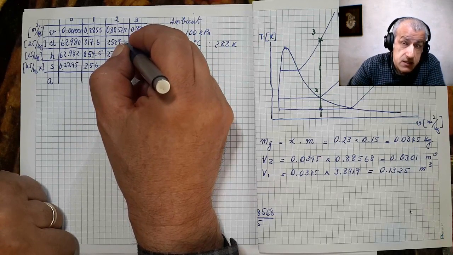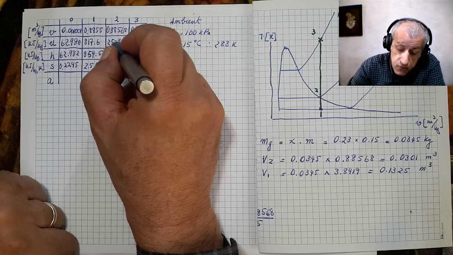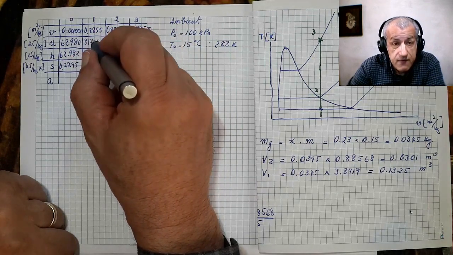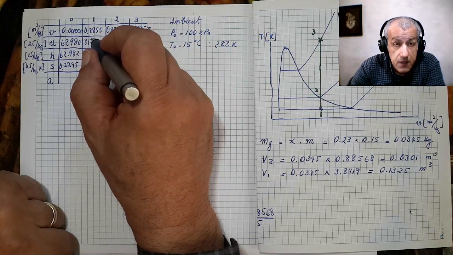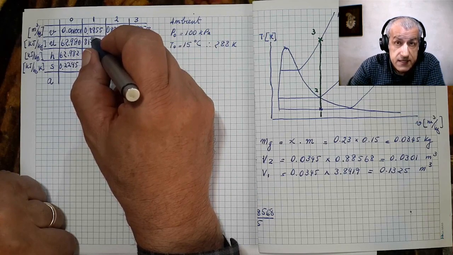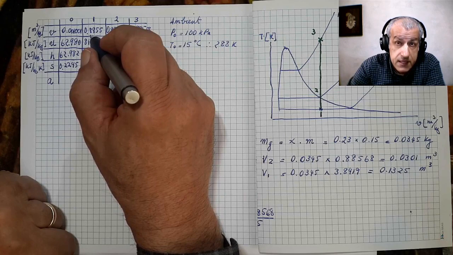We can't just put it at 0 Kelvin, because the reference point for U in these values that we have read from the table is not 0 Kelvin. Most tables place the reference point at the triple line, the saturated liquid at the triple line, and they assume that U at that point is 0.